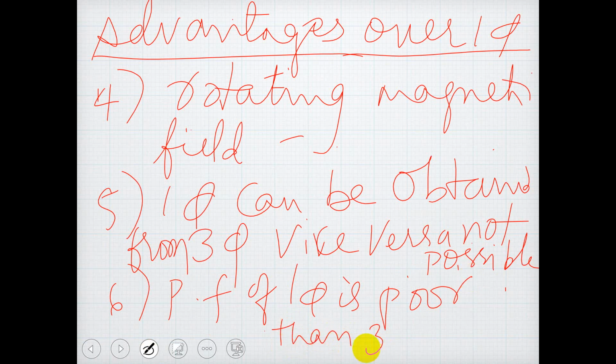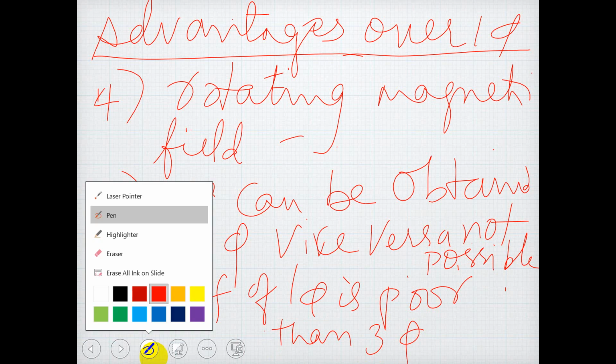That means the three-phase power factor is better than single phase, which is very important in a power system network, that we should have a very good power factor, which we have discussed in single phase. So when we have so many advantages over single phase, we always prefer the three-phase system over single phase.